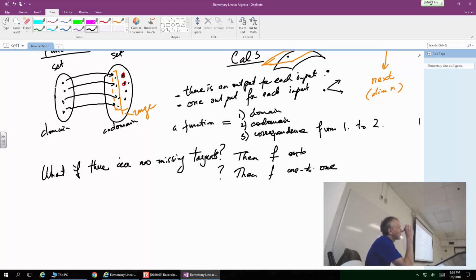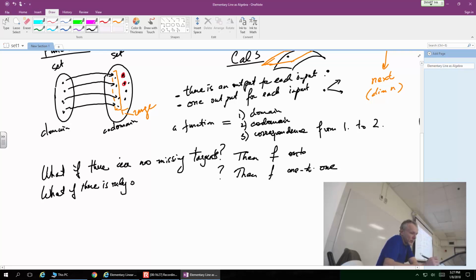So every, well, let me just use, there's only one arrow arriving to each target. Okay. So this is only one, one arrow for each target. So then it's called 1 to 1.